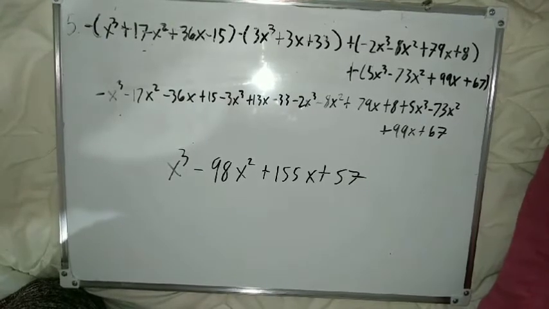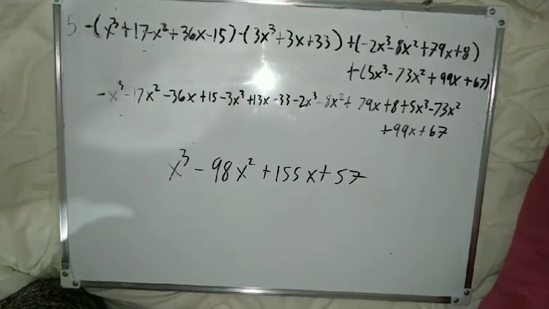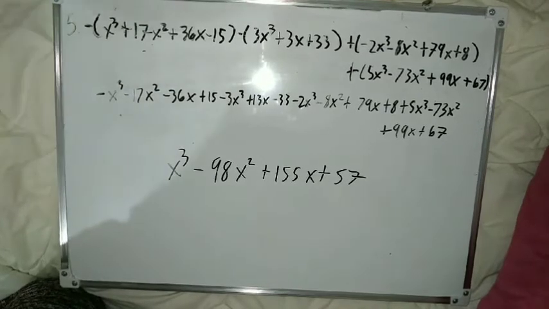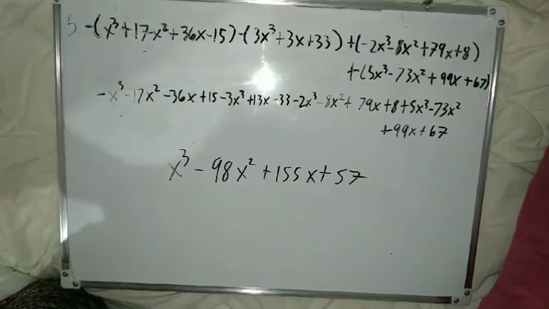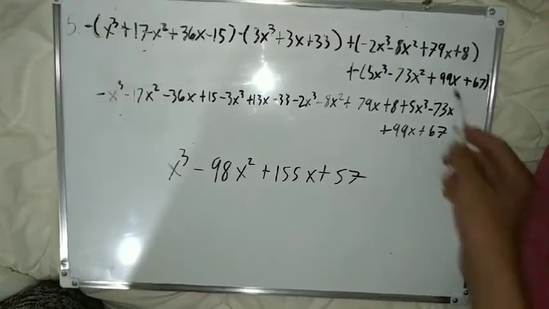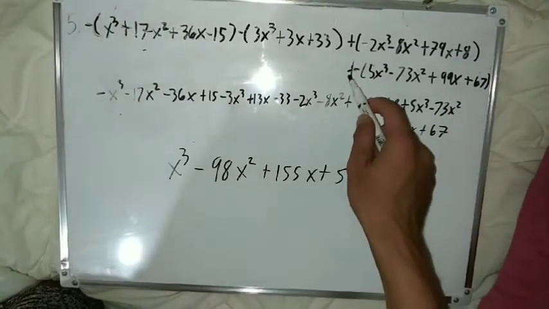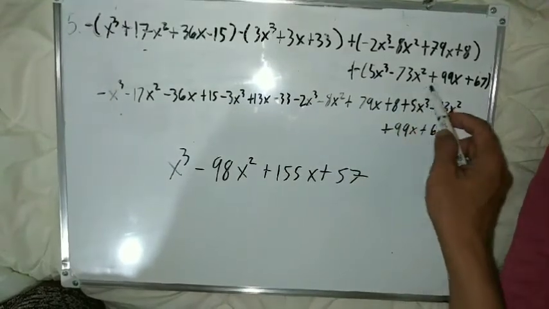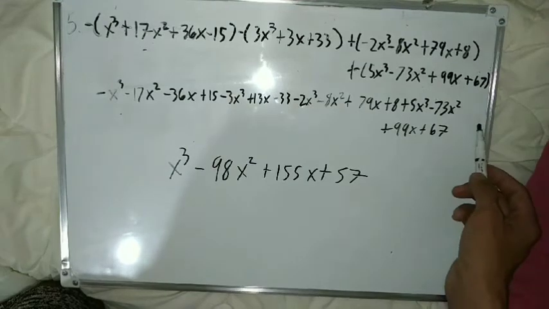So the first thing you should do is to multiply the negative sign to the quantity of x cubed plus 17x squared plus 36x minus 15 and 3x cubed plus 3x plus 33, and bring down negative 2x cubed minus 8x squared plus 79x plus 8 and 5x cubed minus 73x squared plus 99x plus 67.